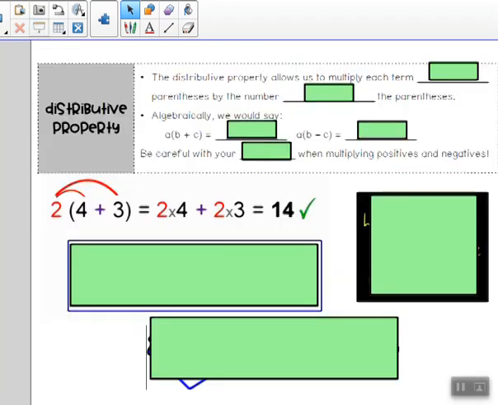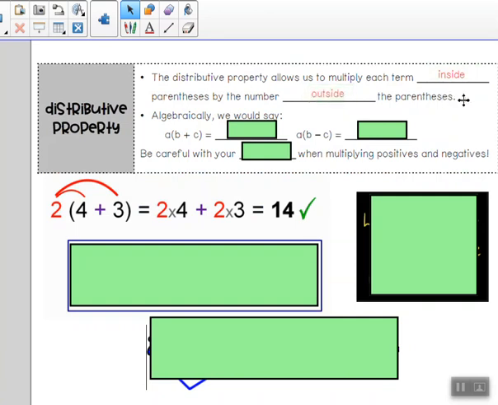All right, the distributive property allows us to multiply each term inside parentheses by the number that's outside the parentheses. We can multiply everything inside by what's outside. Now, algebraically, we would say that like this. There's something outside and there's 2 numbers that might be added inside, or they could even be subtracted inside.